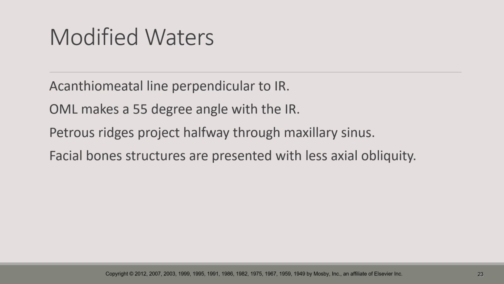The notable thing about the modified Waters is the Petrous pyramids will come up a little bit, creeping into the bottom half of the maxillary sinus, but the orbital floors will be a true perpendicular to the image receptor. So we'll be able to see right along the plane of the orbital floors.